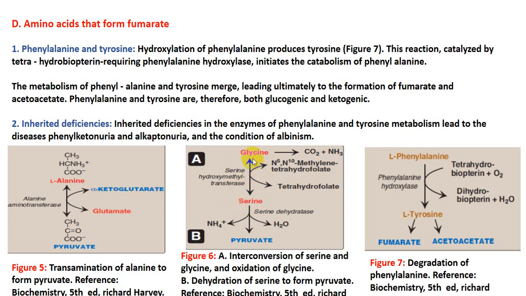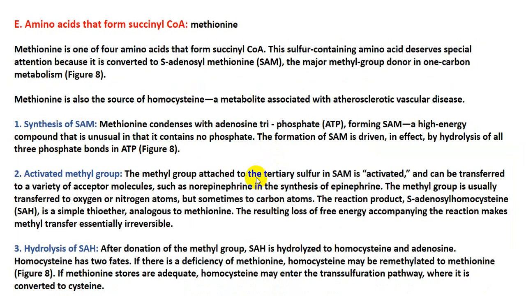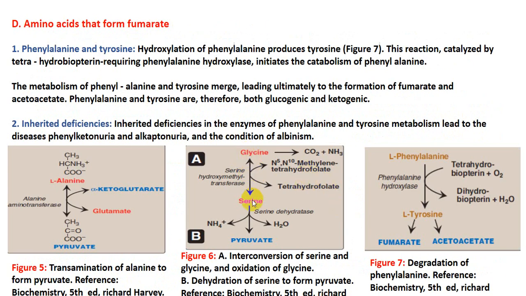The third amino acid is glycine. Glycine is converted to serine by reversible addition of a methylene group from N5,N10-methylene tetrahydrofolate, which acts as the one-carbon donor coenzyme, to give serine.